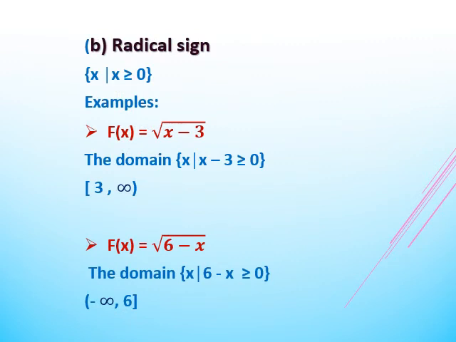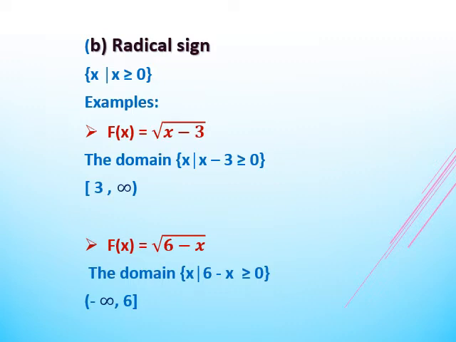Now, another type of function has a radical sign. Take care with this type, because the domain will change; it is not all the real numbers. You know very well that we cannot have a radical sign with a negative number. So we should keep the value under the radical sign always non-negative.